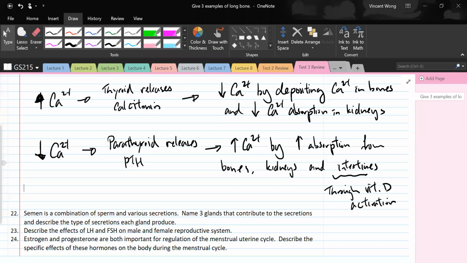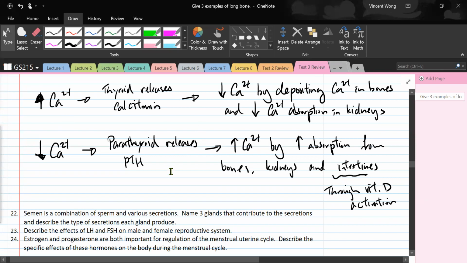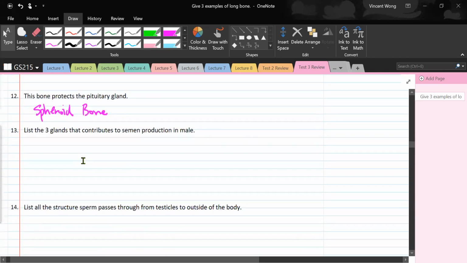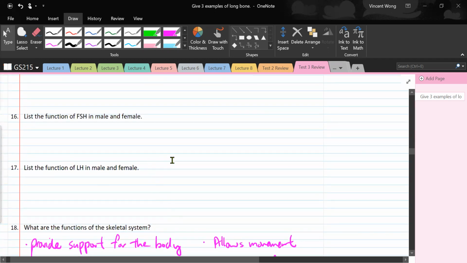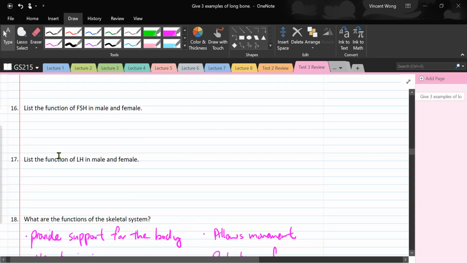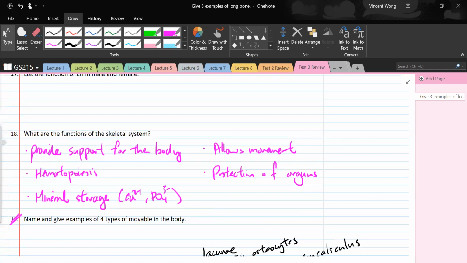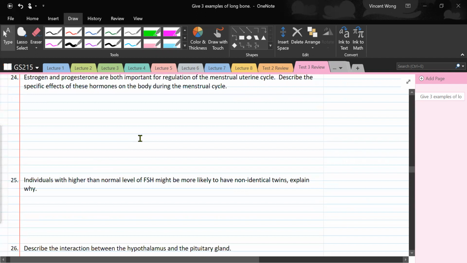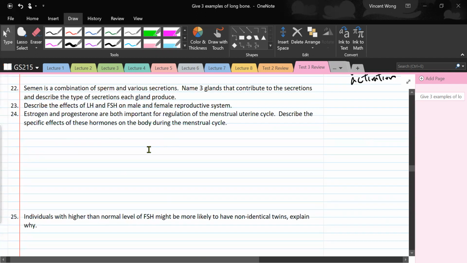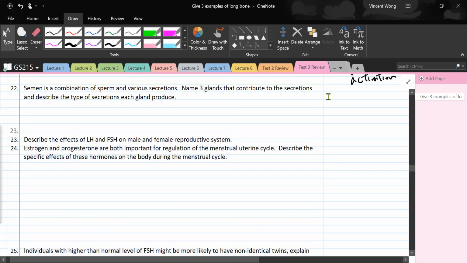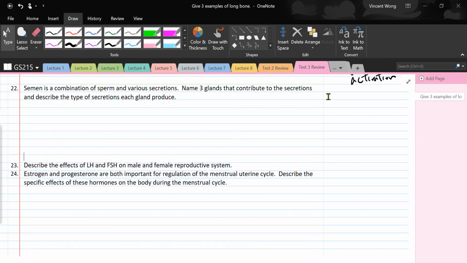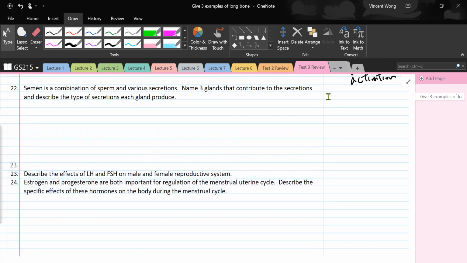Let me see. Okay, there are some reproductive questions here, but I think it's being repeated here. So let's just do this first. Here it says the semen is a combination of sperm and various secretions.